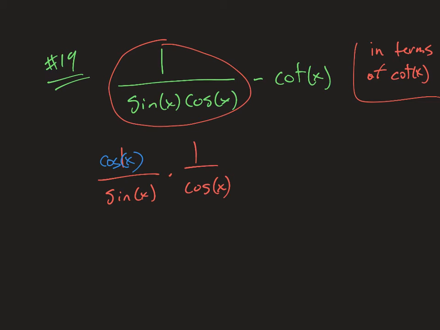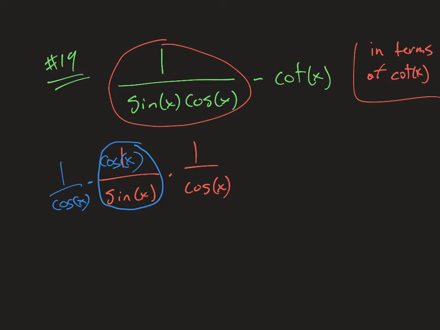But I don't have it there, right? Right now it's just that red 1. I can put a cosine of x there, but I have to balance it out by dividing by cosine of x as well. This is called multiplying by a form of 1. So I haven't changed this part of the expression. I made it look different, but the value is the same. I just multiplied by cosine of x over cosine of x. But now this guy is a cotangent.